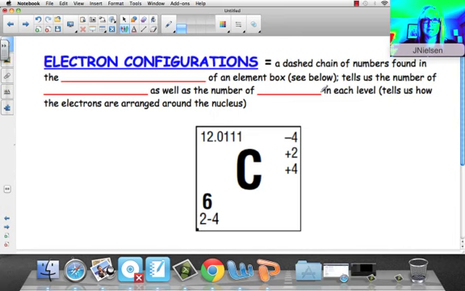Electron configurations are a dashed chain of numbers found in the lower left corner of the element box. So we're talking about these numbers right here. It tells us the number of energy levels as well as the number of electrons in each level.